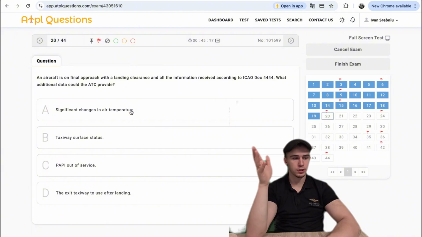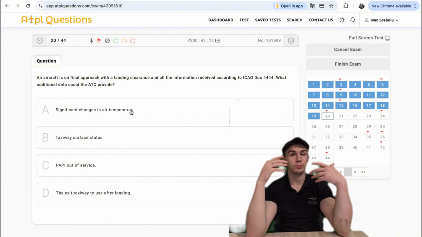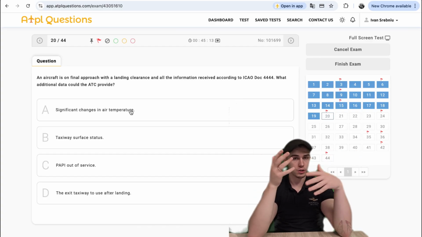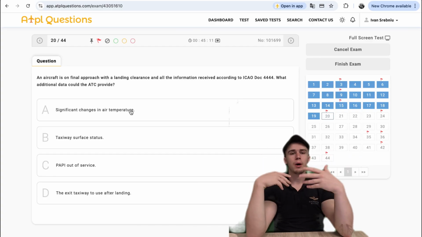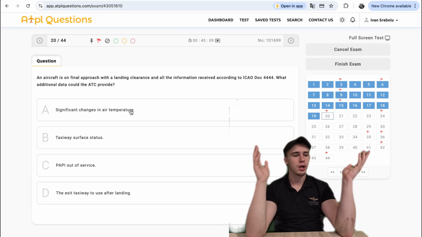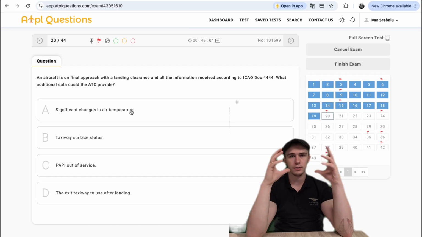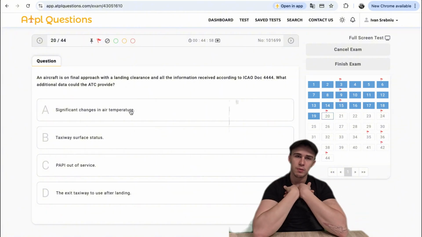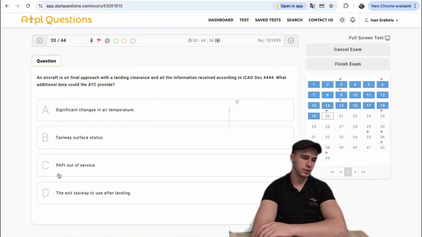Just significant changes in air temperature, for example, wind shear, which is very dangerous, or PAPI out of service. For example, if you fly in IFR and the PAPI is out of service. Yeah, PAPI is beautiful, but it's not on. But the correct answer here is PAPI out of service.